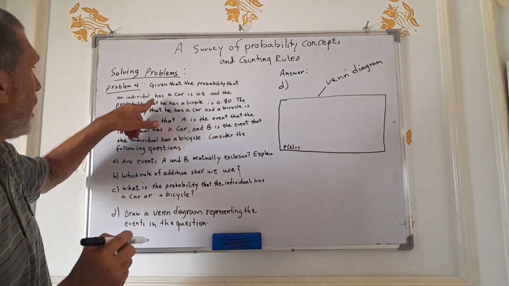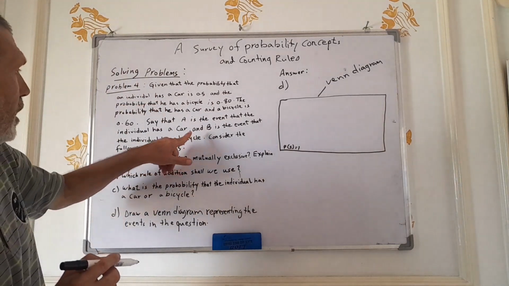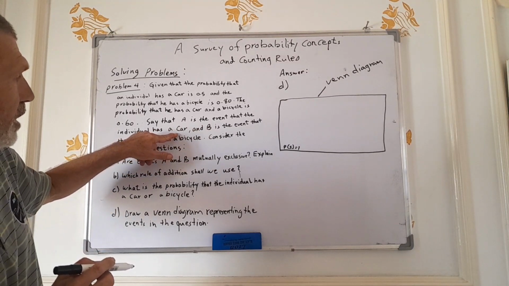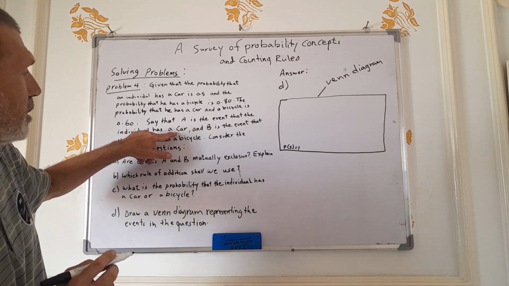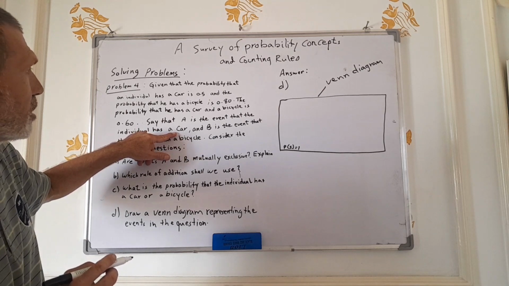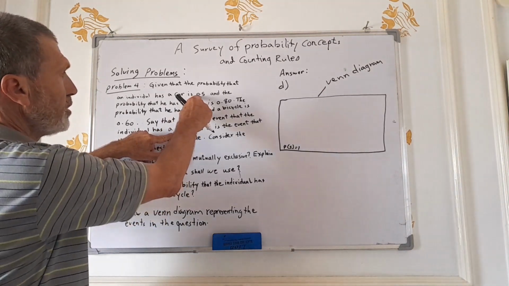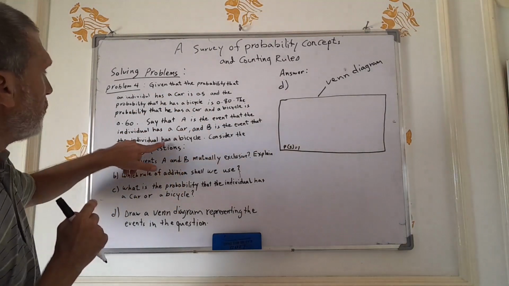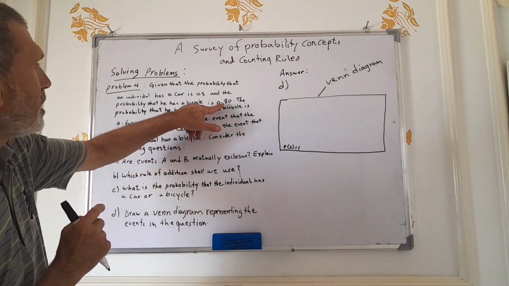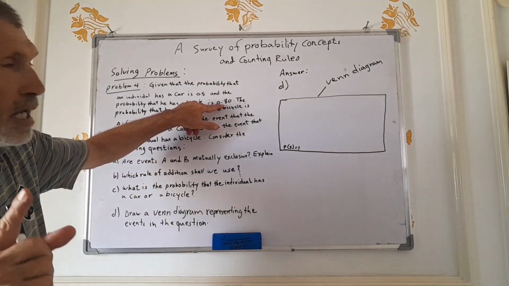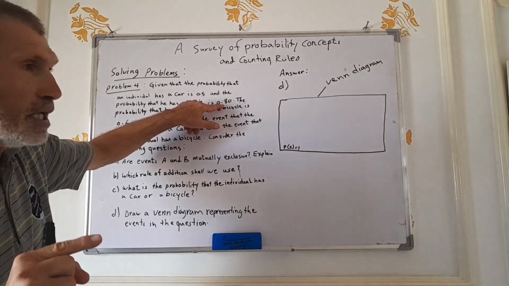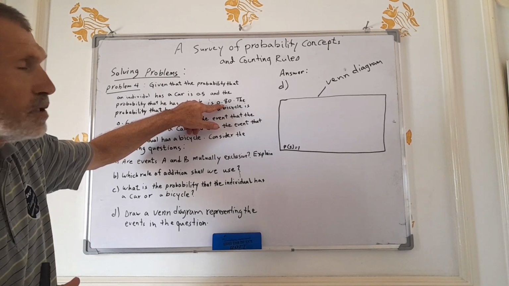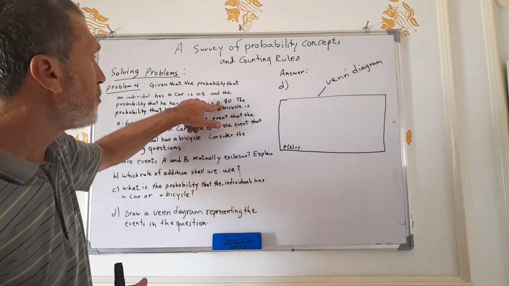Now, we draw the first one, the event A. Remember, the event A is the case where the individual has a car, and the probability of that event is 0.5, and B is the event that the individual has a bicycle, and the probability of bicycle is 0.80. So you can see that the circle of B should be bigger than the circle of A, because the probability of B is 0.80 and the probability of A is 0.5.